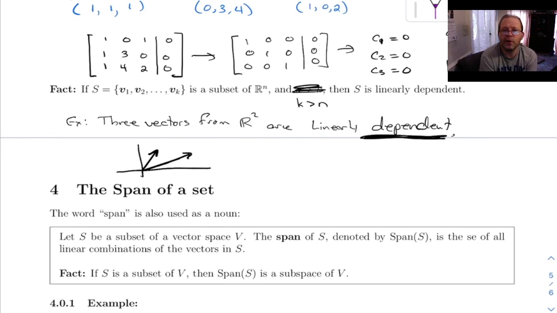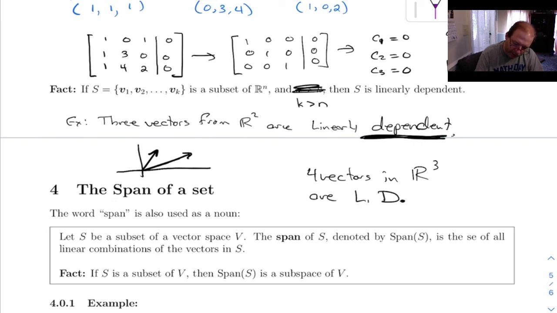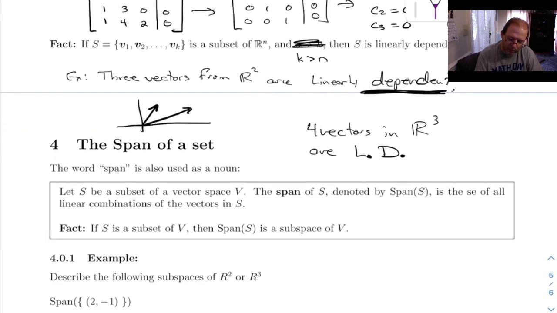But when you pick a third vector, it's got to be a linear combination of those two guys because they already span the set. So if you've got three vectors in R2, they have to be linearly dependent. And you could say the same thing about four vectors in R3. Linearly dependent. All right, so we'll stop that here.